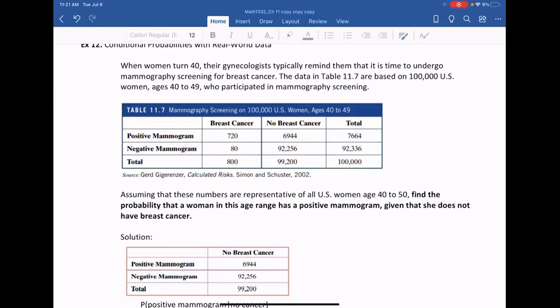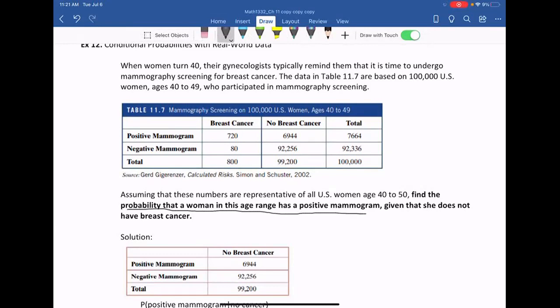So find what is A, what is B. The probability that a woman in this range has a positive mammogram. So positive mammogram is here. Given that she doesn't have breast cancer, so doesn't have breast cancer is here.